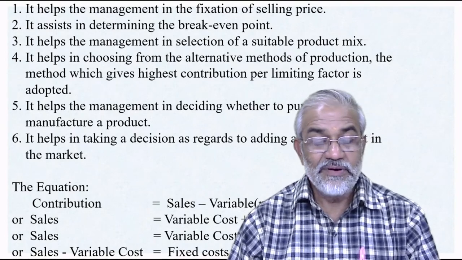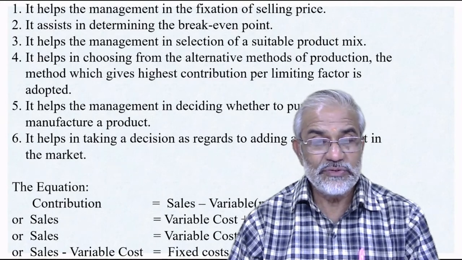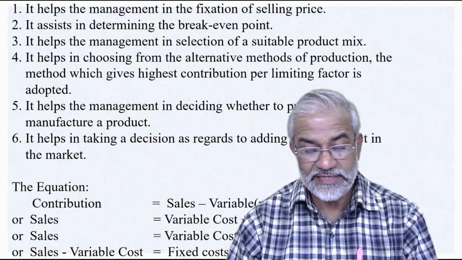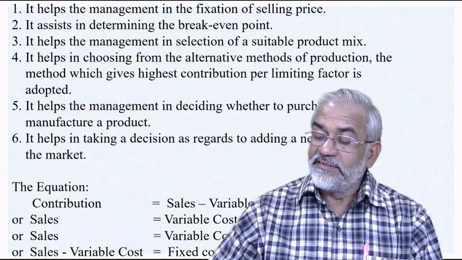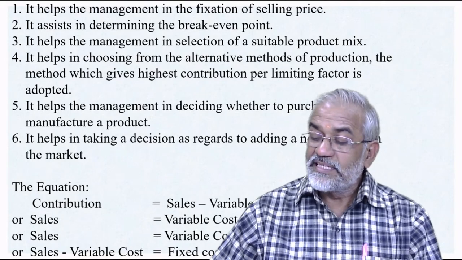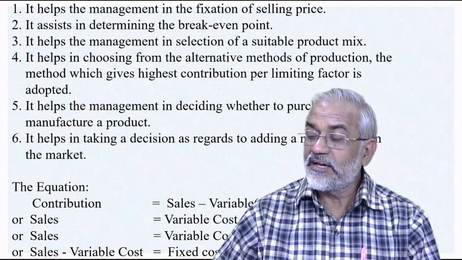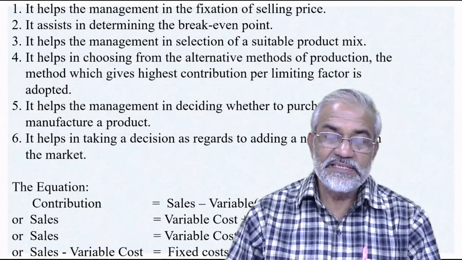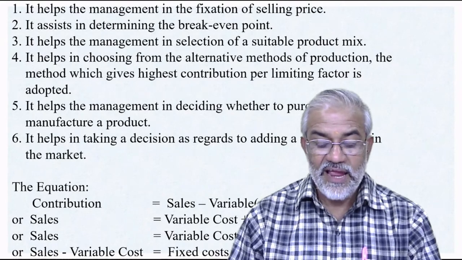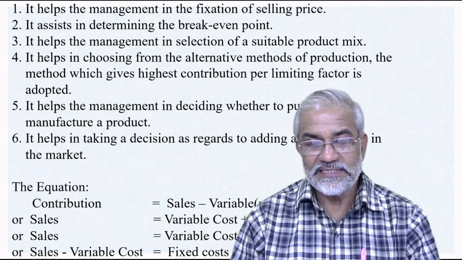In that case, for 75 cups of coffee, the sales would be 750 if the price is reduced to 10, right? 75 into 10. And the variable cost would be 75 cups into 8, the variable cost per unit, that comes to 600 rupees. 600 rupees is the variable cost and 750 rupees is the sales.